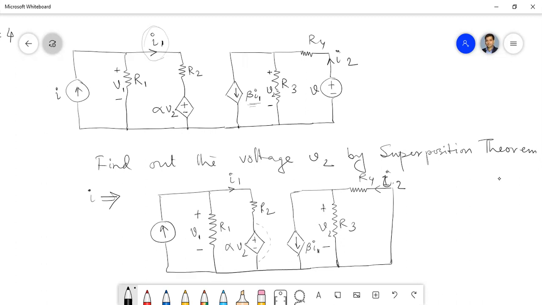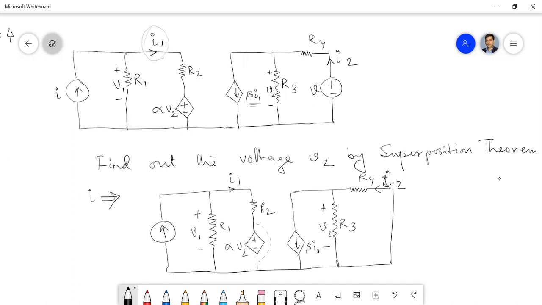So you cannot keep beta I1 as 0. In that case you are assuming I1 is 0, but that is not the case, isn't it? Therefore, you cannot make this current source off.